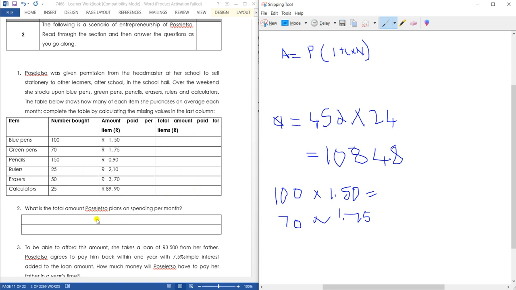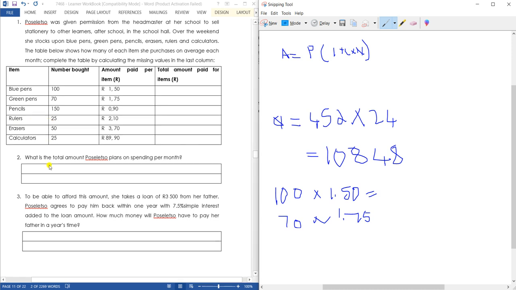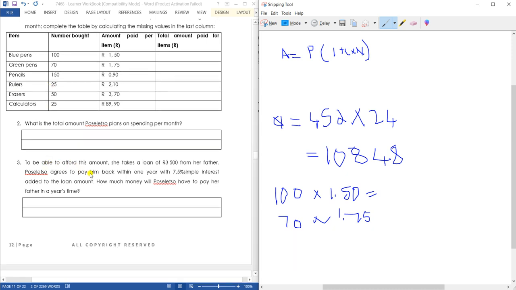What is the total amount Puseletso plans on spending per month? You'll have to come up with that. Obviously you need to add the total amounts based on the items that Puseletso has. Also, to be able to afford this amount, she takes a loan of 30,000 from her father.